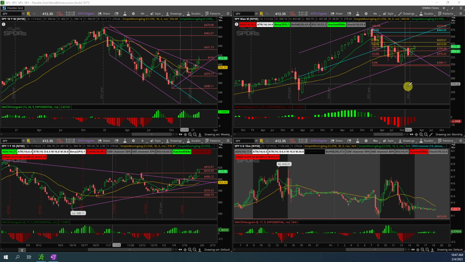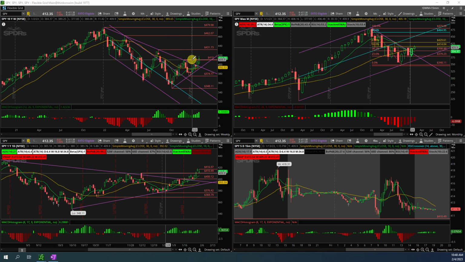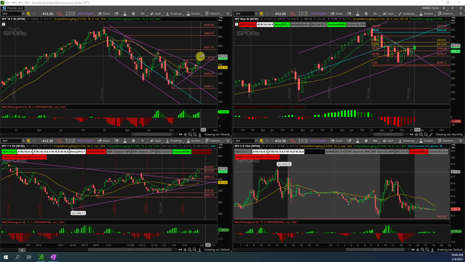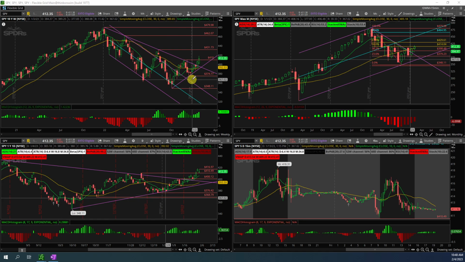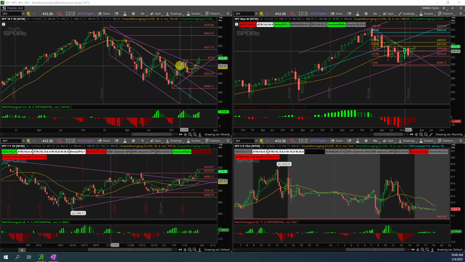If we look at the weekly, we see that we went above that resistance we have there with that pivot and that pivot. If you see that line there, it's touching as a resistance both of the areas right there.